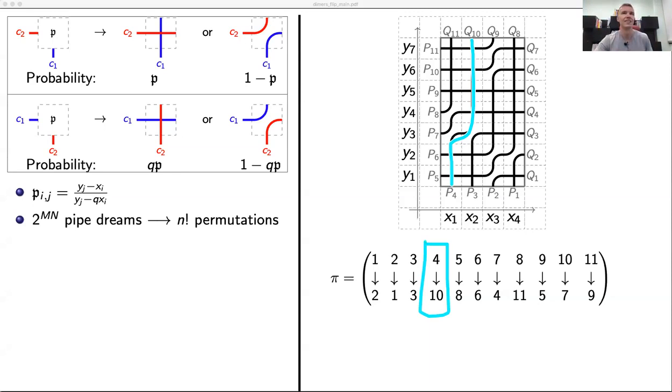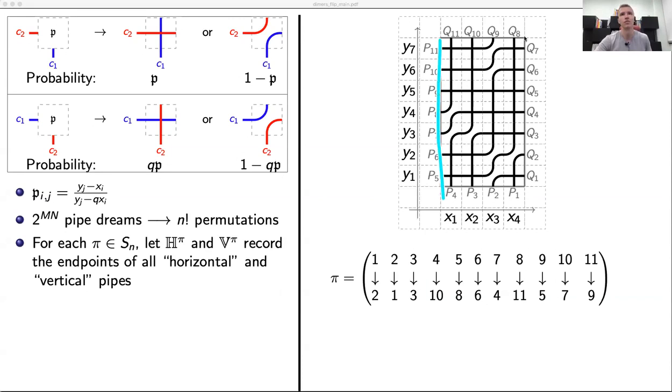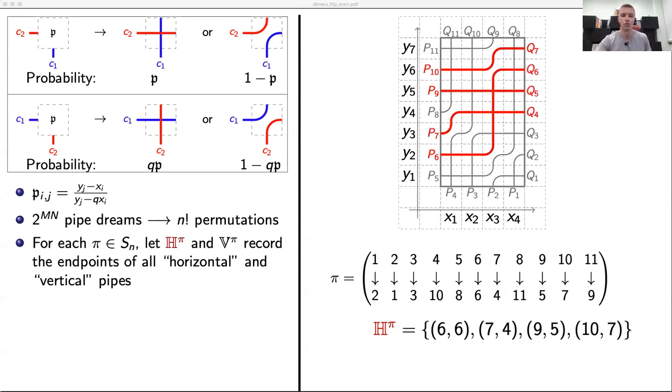And then what I'm going to be interested in is not permutations, but what is called horizontal and vertical boundary conditions. So the idea is that you look at your pipe dream, and then you want to find all horizontal pipes. A pipe is horizontal if it connects the left boundary of the rectangle to the right boundary of the rectangle. And in this case, there are 4 horizontal pipes shown in red.